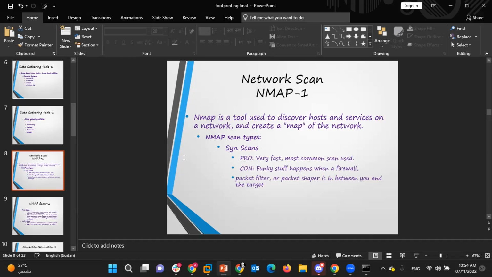We have different types of Nmap scan. The first one of this scan is called SYN or sign scan. Sign scan, if the connection is established between two devices, or two entities, or two points, client and server, for now it is established already.